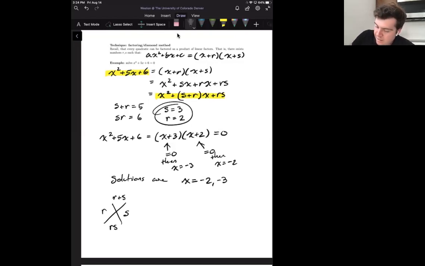So in our case, we would have written 5 on the top, 6 on the bottom, and an r and an s. And it looks like a diamond, therefore we call it the diamond method. But often in this class, I will never draw this diamond. We'll just ask for two numbers that sum to the middle term and multiply to the ending coefficient.